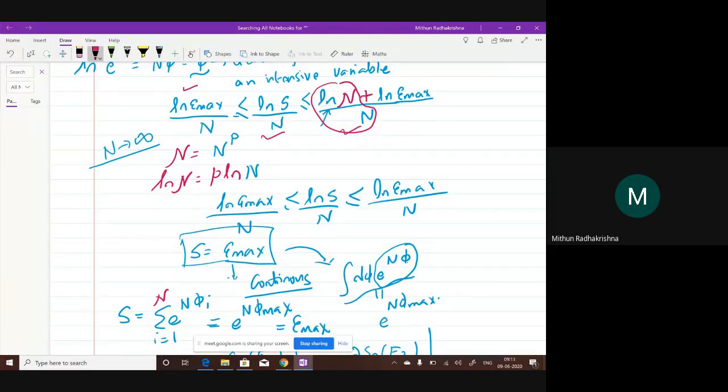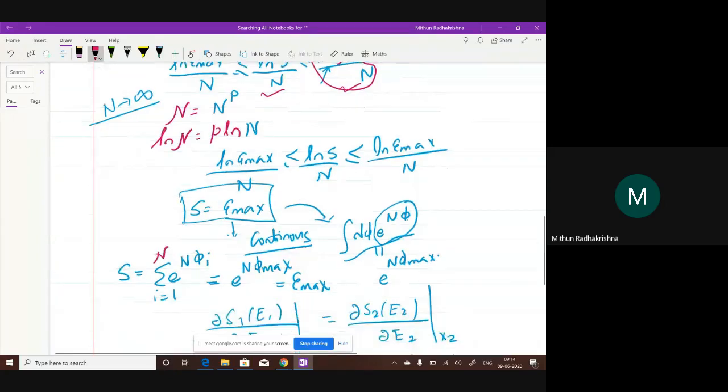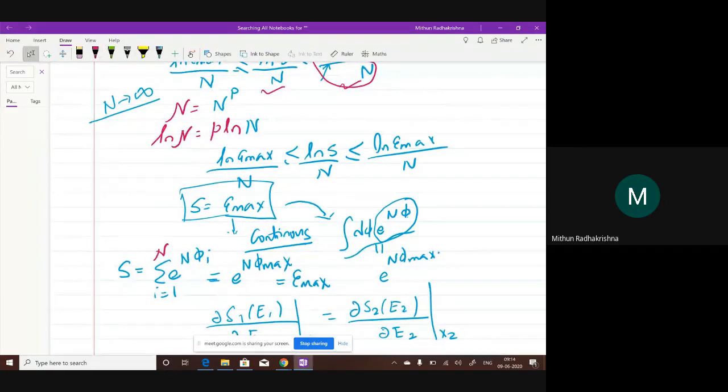Okay, so now what do I have? I have a function ln epsilon max by n. On the left hand side it is bound by that, on the right hand side it is also bound by that. So it has no other meaning other than, in the limit as n tends to infinity, ln S by n is nothing but ln epsilon max by n. Okay, so this is the only outcome of this.